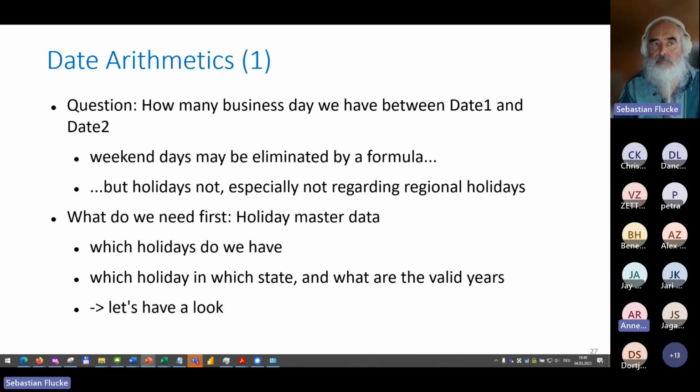But if holidays come into the game, especially regional holidays, then we have to deal with quite heavy mechanisms. The point is we want a mechanism which has the same performance independent of how long our range is.